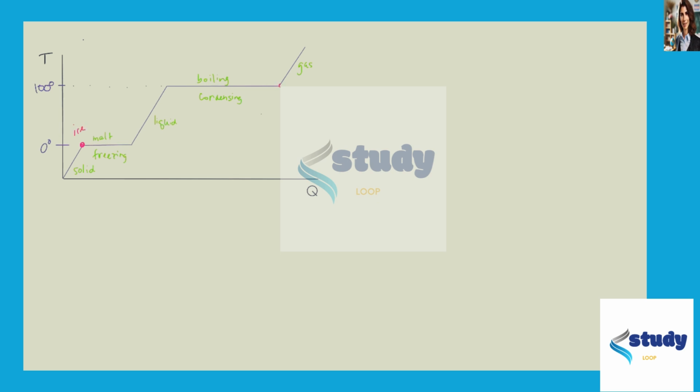And then we have steam at 100 degrees, so our steam is starting here. What's going to happen in this process is the ice is first going to melt, and then it's going to warm up to some final temperature.